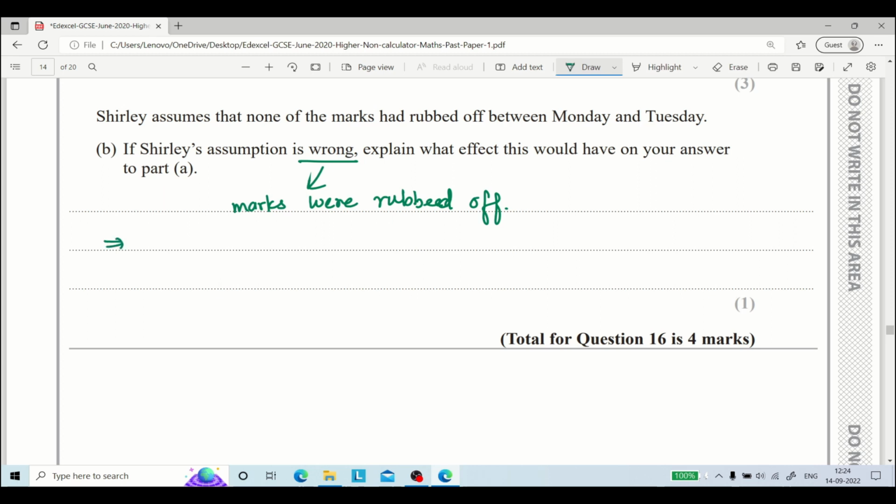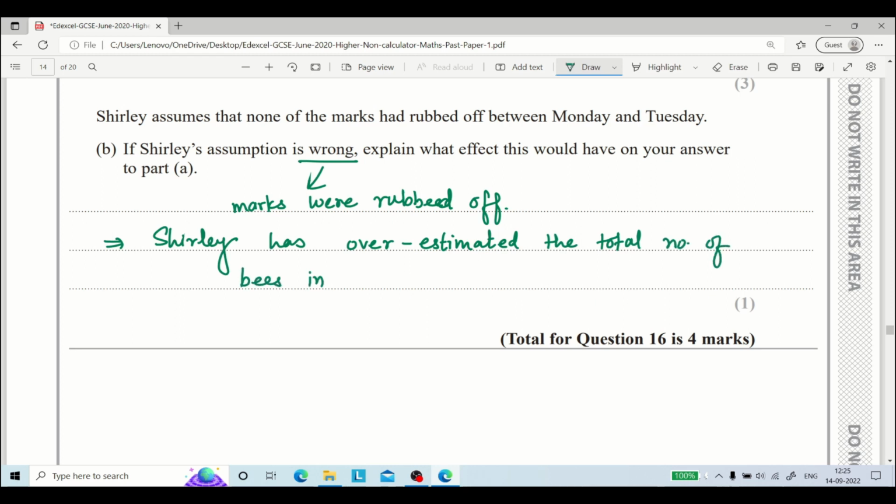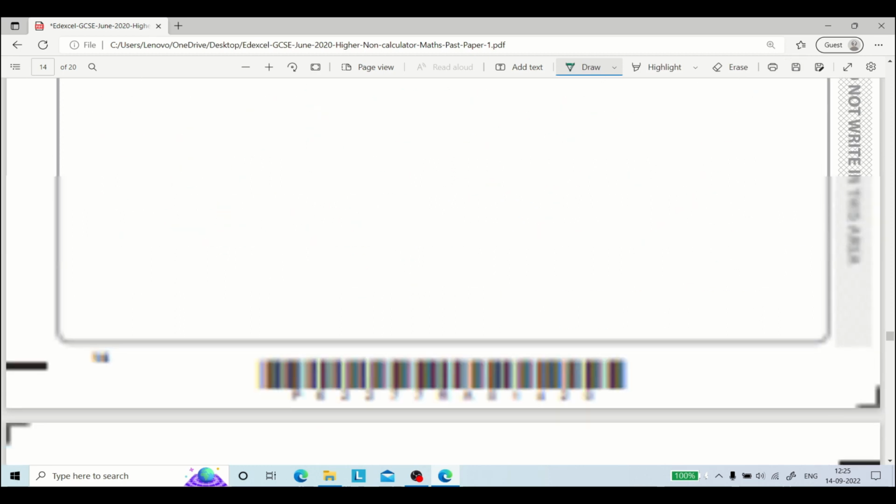Which implies Shirley has overestimated the total number of bees in the hive. Okay, so here we complete this question.